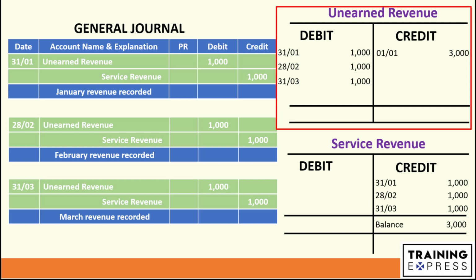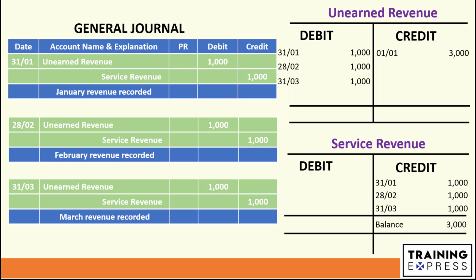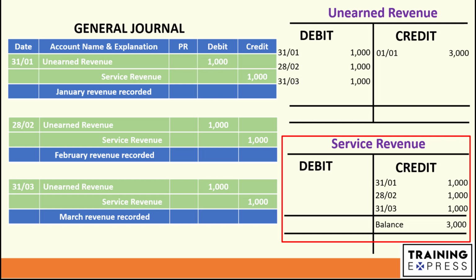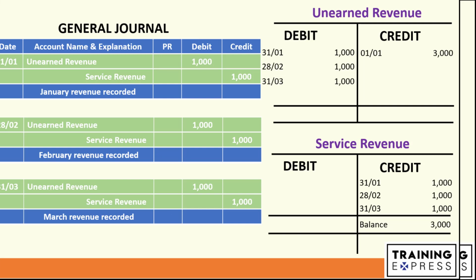Initially it was recorded as a liability, and at the end of every month this liability was decreased by $1,000. So by the end of 3 months, the liability balance is zero. On the other hand, you will see the service revenue ledger. Every month it is being increased by $1,000, and by the end of March we have got a balance of $3,000 in our service revenue account.